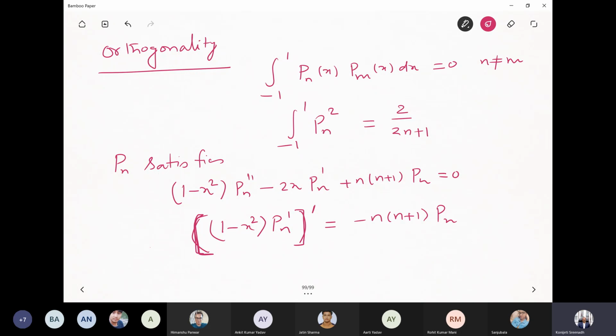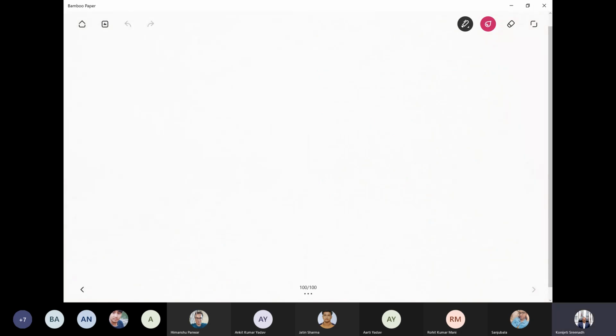The same thing is satisfied for Pm also. So we have two equations. One is 1 minus x square into Pn prime, whole prime, equals minus n into n plus 1 into Pn, and the same thing for m also.